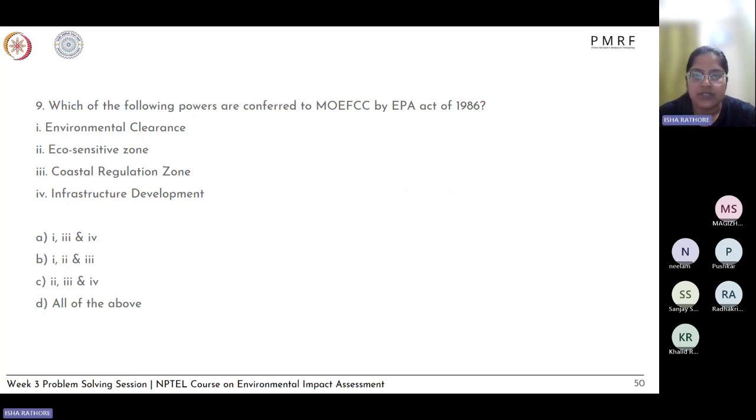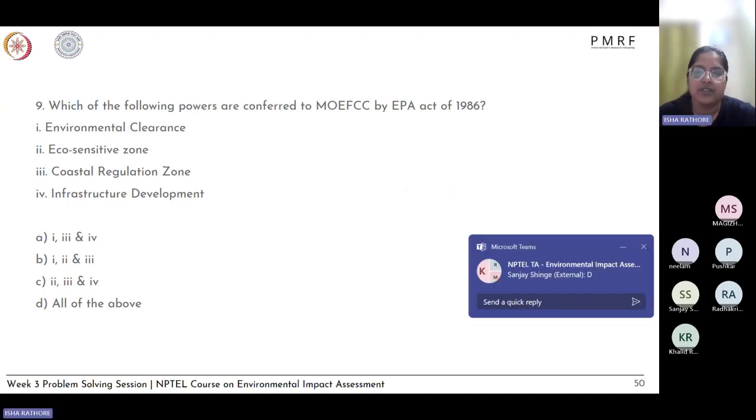So MOEFCC is the Ministry of Environment, Forest and Climate Change. So which of the following powers does the Ministry of Environment, Forest and Climate Change have?